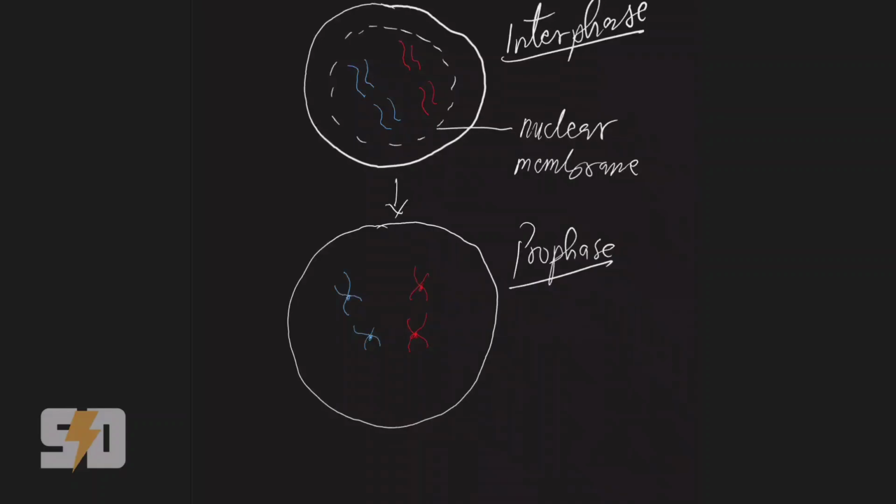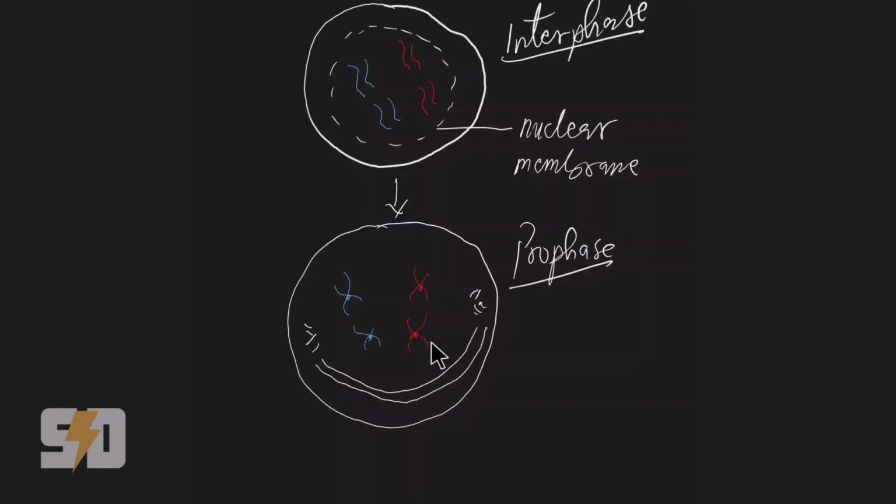And also at this stage, we are going to have formation of the spindle. The spindle will begin to form at this point. And if you notice, I drew our paired chromosomes.